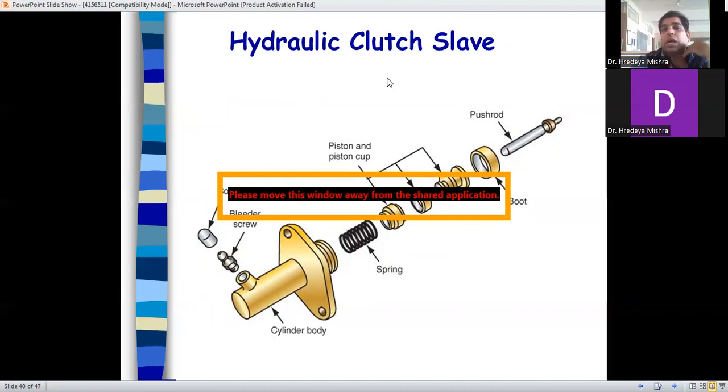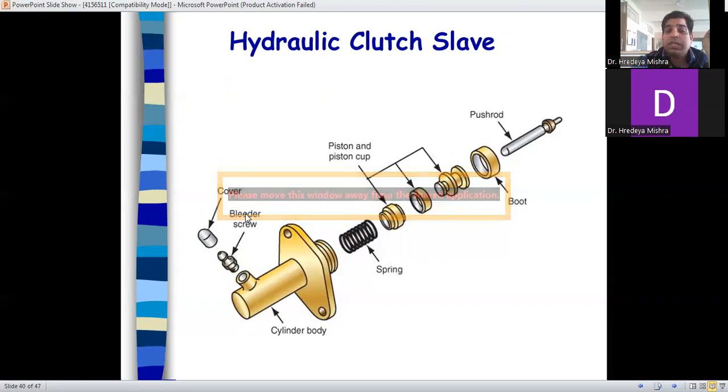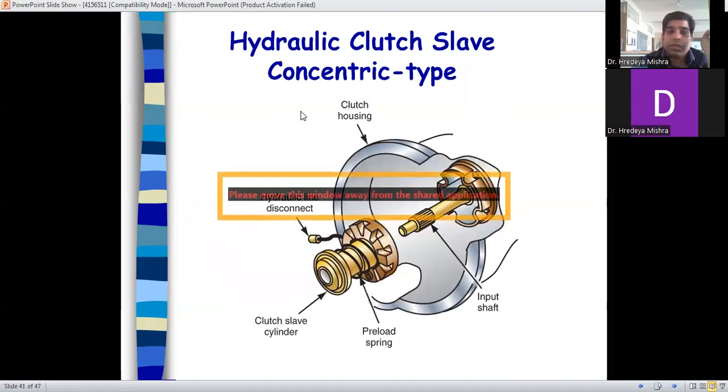Now see, this is the hydraulic clutch slave. Now piston and piston cup is there. All the cover is there. Bleeder is there, and boot, push rod is there. Okay. Now hydraulic clutch slave connection, connecting type.